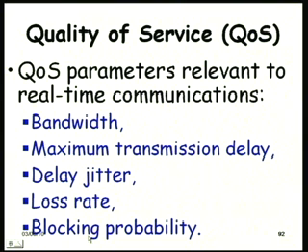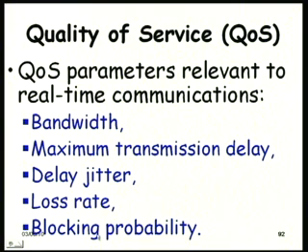Okay, and also the blocking probability. For example, you are trying to initiate a call, but it could not be accommodated by the communication system, because it does not have resources to support. So, you have said that certain delay and bandwidth is required, and then it might so happen that the system does not have those resources.